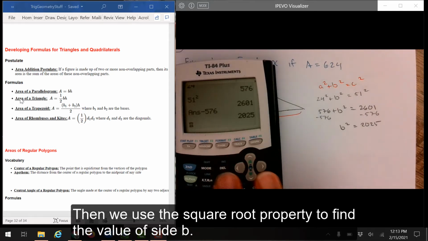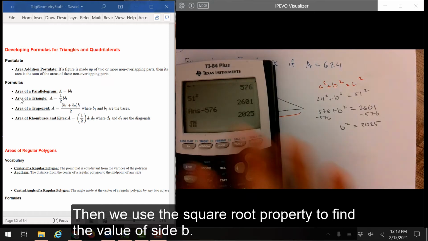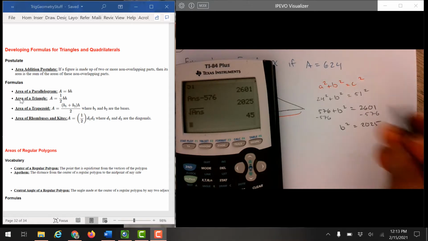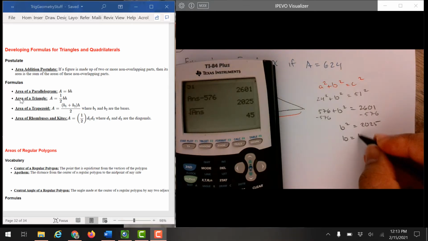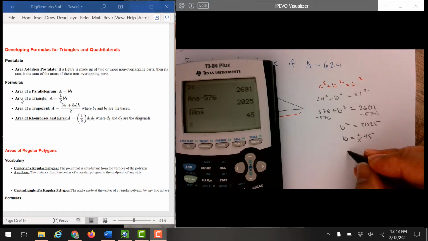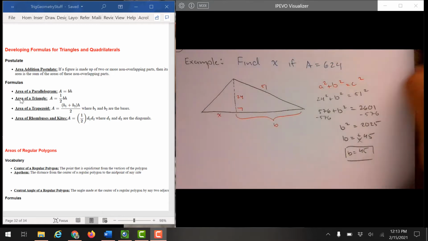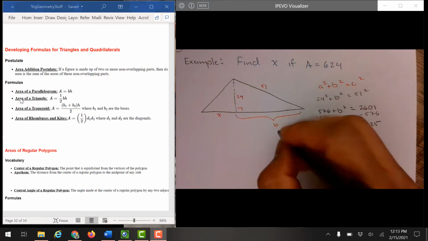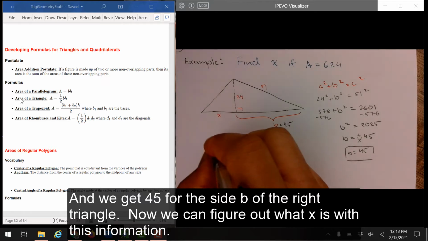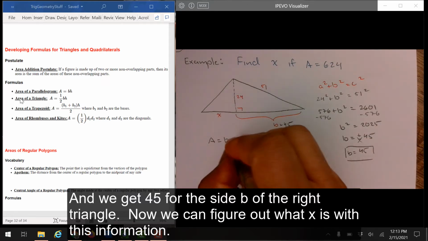Then we use the square root property to find the value of b. And we get 45 for the side B of the right triangle.